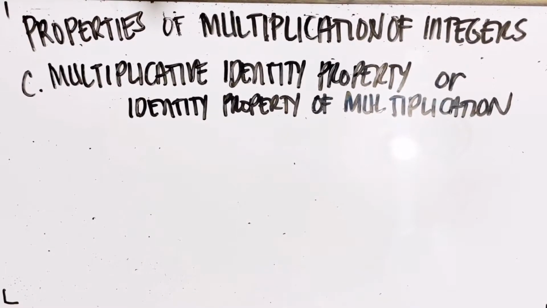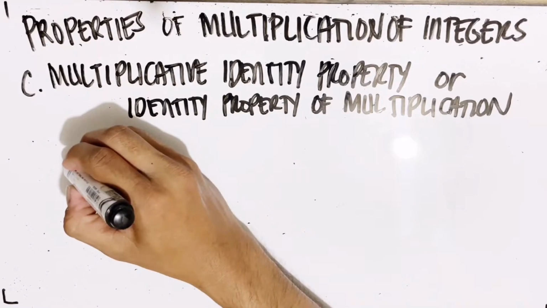So, the multiplicative identity property or the identity property of multiplication is just the same, and it states that multiplying 1 and any number does not change the value of the number. So it means any number being multiplied by 1 will always be equal to itself or to the number that is being multiplied to 1.